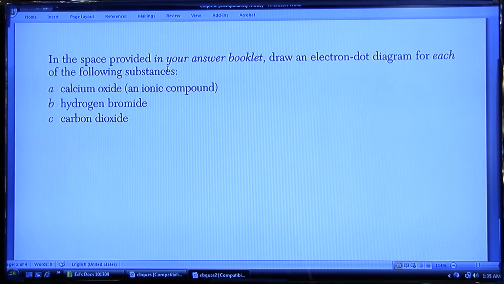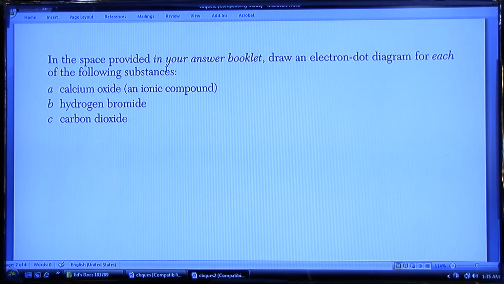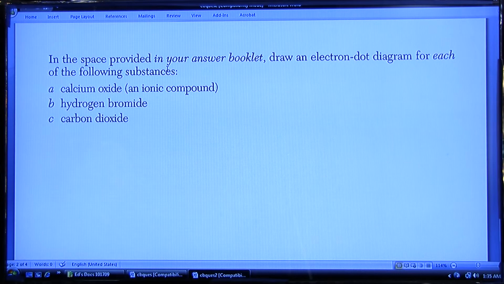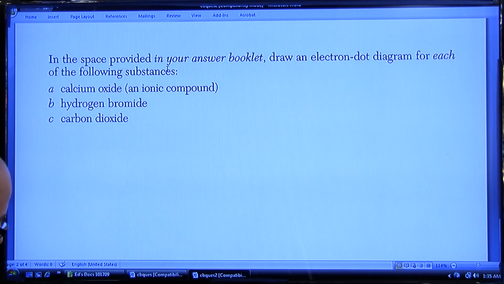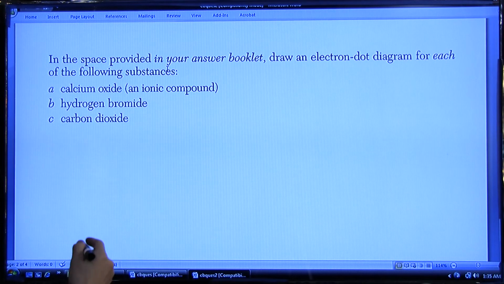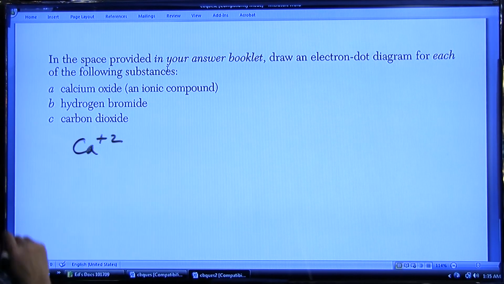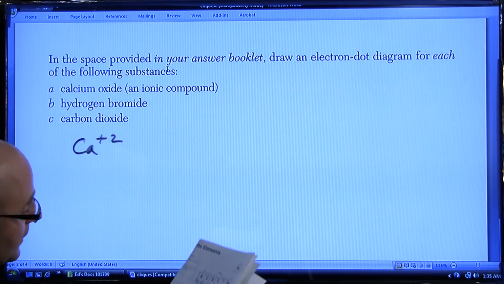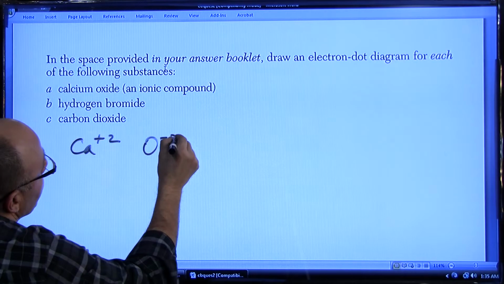In the space provided in your answer booklet, draw an electron dot diagram for each of the following substances. Okay, calcium oxide, they tell us an ionic compound. So just like before, we need a calcium ion, Ca+2. Let's look up oxygen, that would be a -2 ion, O-2.